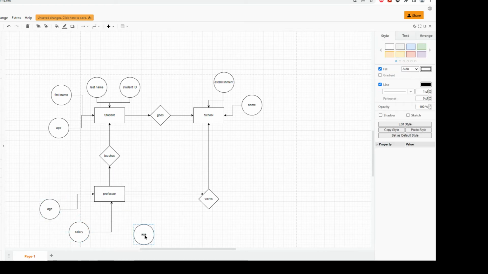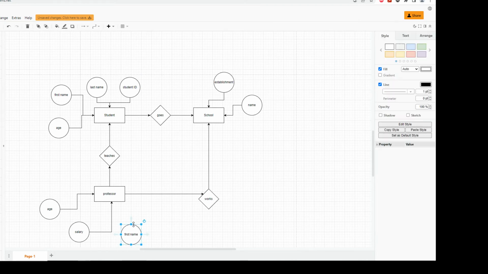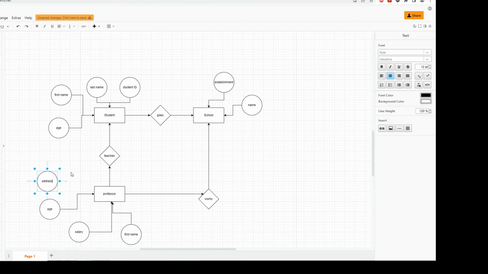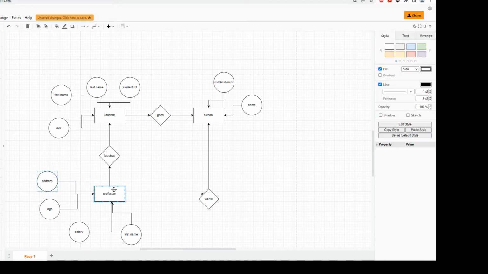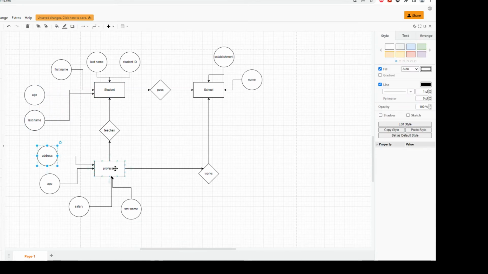Professor also has first name, last name. I'm just gonna say first name. Professor can also have address. Student can also have address, for example. So let me put address here for student as well because I'm about to do something that you will see in a second. This should be enough.